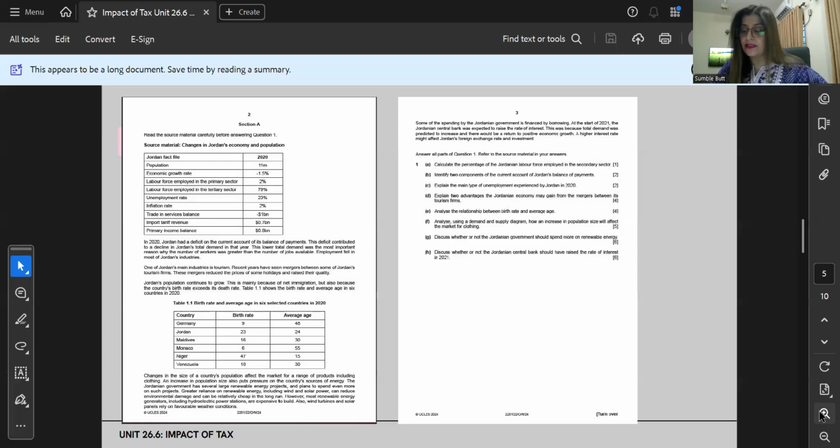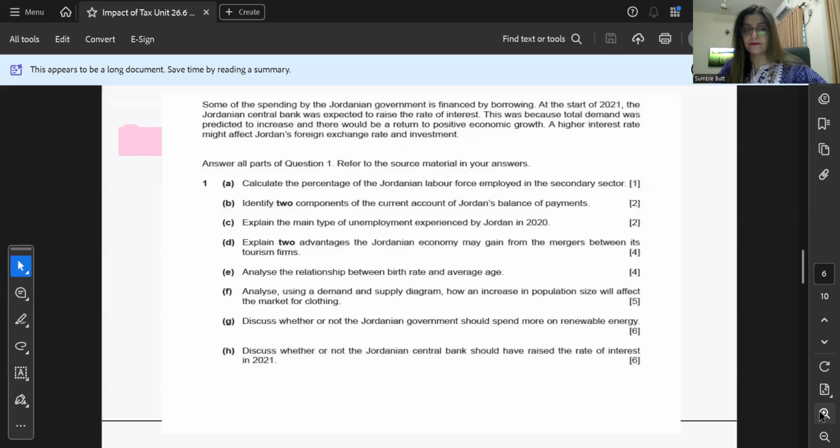I'm going to start with the second part, B, which asks you to identify two components of current account of Jordan's balance of payment. This is a 2-mark question. So you have to identify two components.